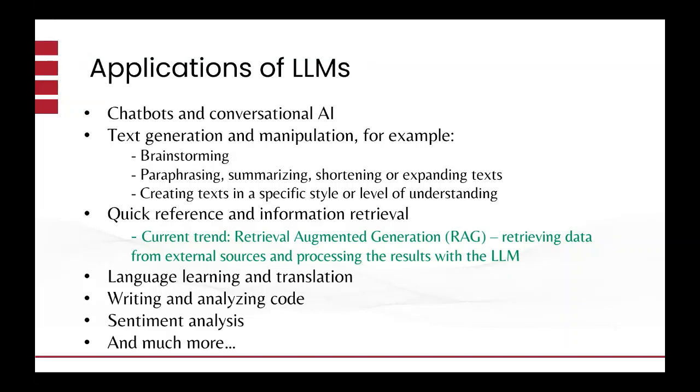Also quick reference and information retrieval, but you have to remember that the language model is not a database of facts, and it can sometimes hallucinate and generate something that is not true or doesn't make any sense because it's based on probabilities. In that context, it was the most probable answer, but it doesn't necessarily have anything to do with reality. That's why you always have to check the facts from real sources as well.